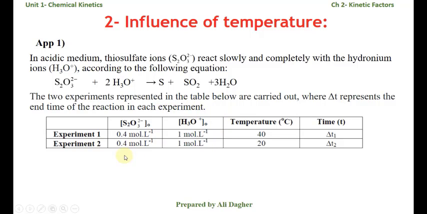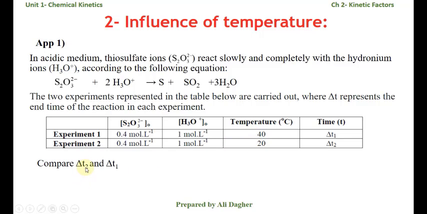By comparing the two experiments, we have the same initial concentration of S2O3 2-, the same initial concentration of H3O+, but the temperature in experiment 1 is bigger than that in experiment 2, so the rate of the reaction in experiment 1 is bigger than the rate of the reaction in experiment 2.